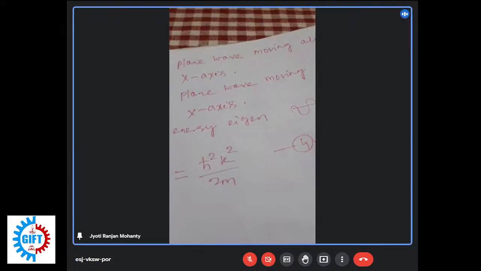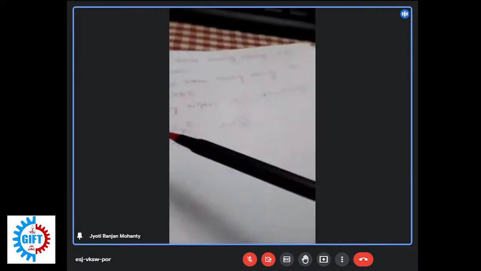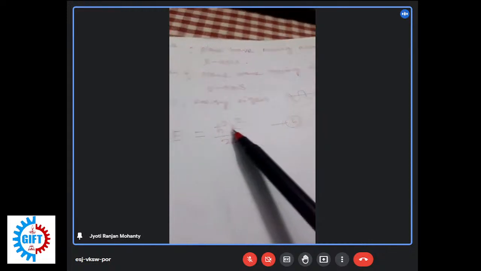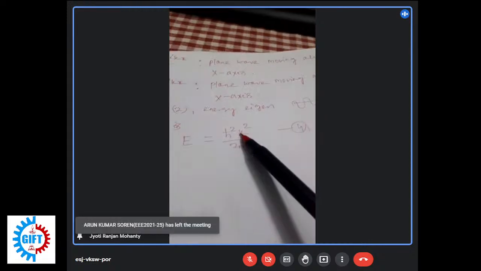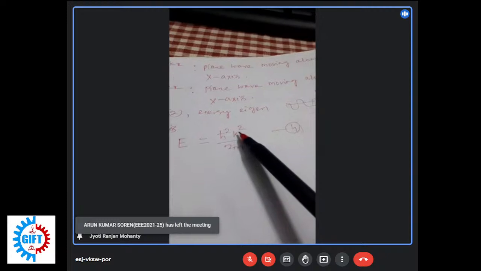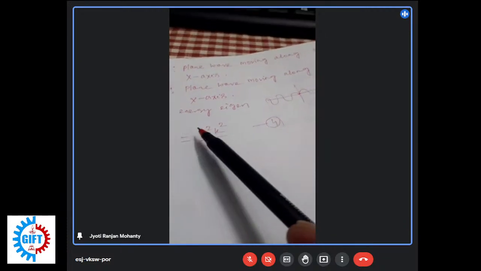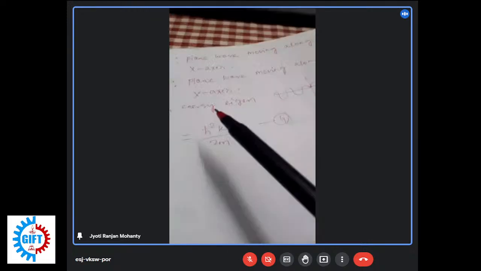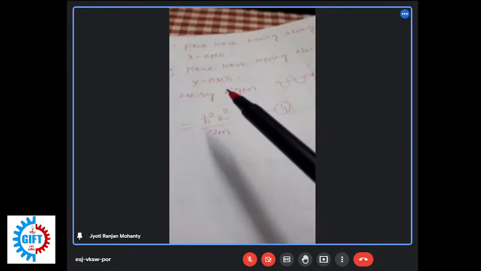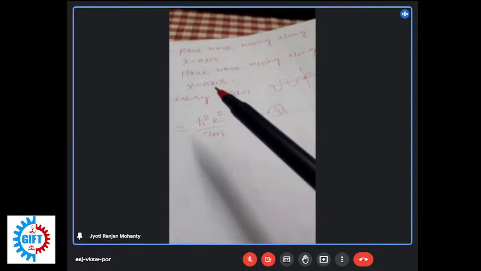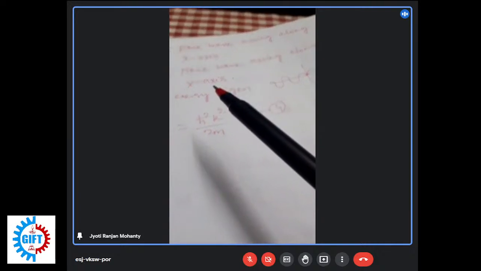Energy eigenvalue is degenerate. Look here, everybody, this is equation number 4. So E depends upon k, and there is no restriction on the value of k, so the energy spectrum of the free particle is continuous.